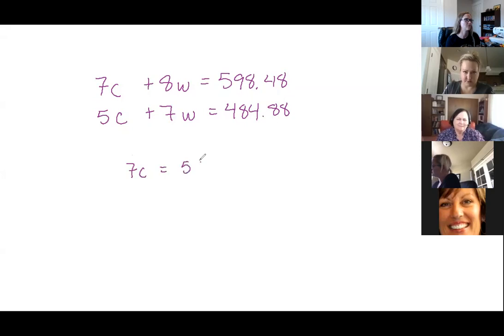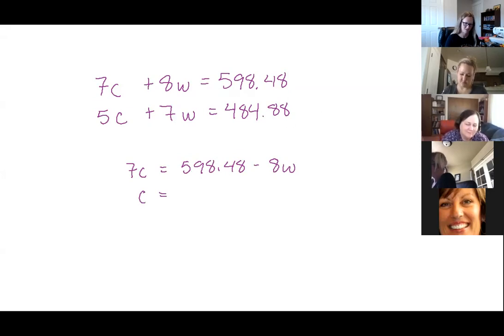We'd have our 598.48 minus W. It's not going to be nice because I've got all these terrible numbers. But we'll divide that 7 out, and I am getting, let's see, 598.48.